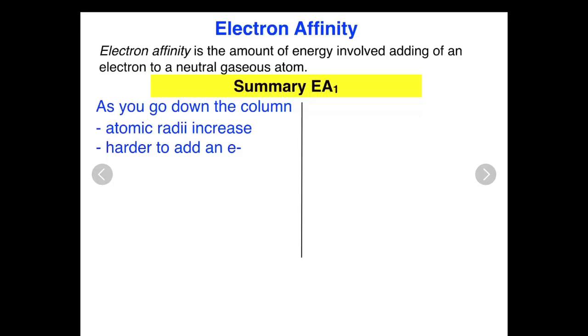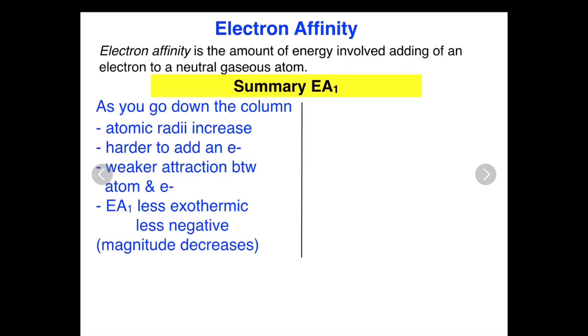It doesn't want to hold more electrons. Therefore, in this case, it's harder to add an electron. This refers to a weak attraction between the added electron and the nucleus. Therefore, you are going to end up with a lower magnitude, a less exothermic electron affinity.